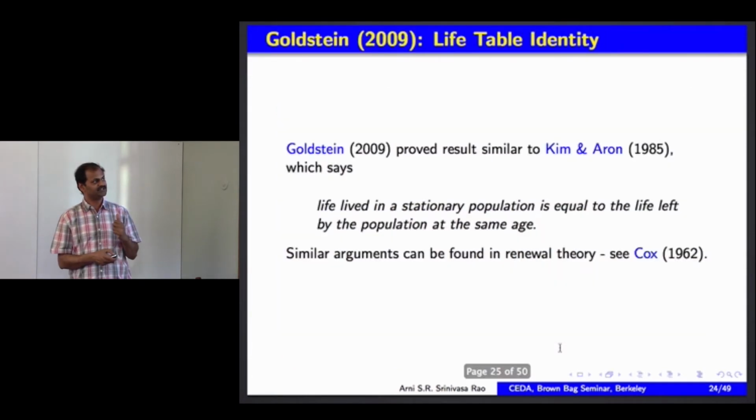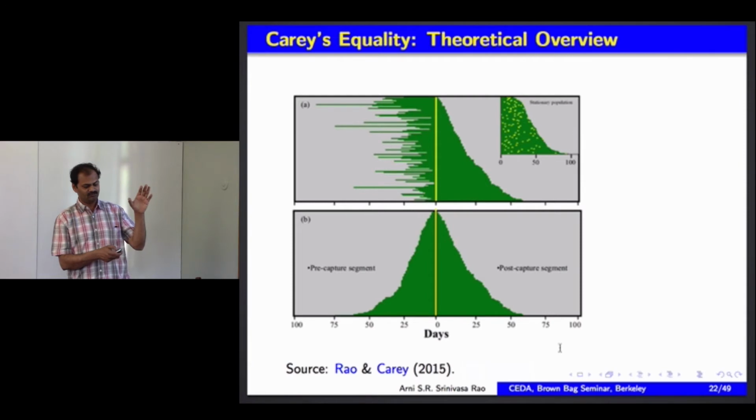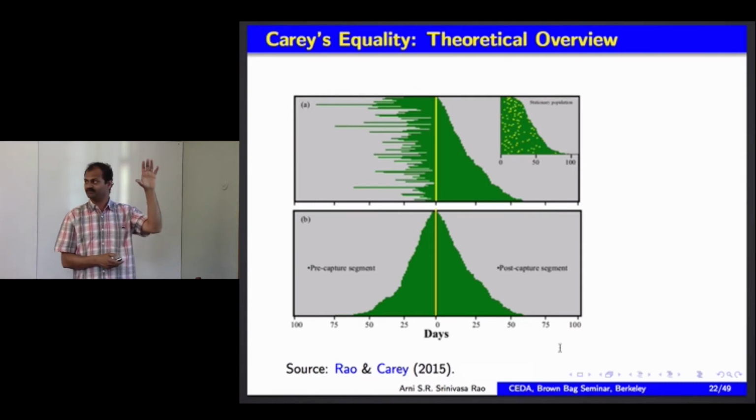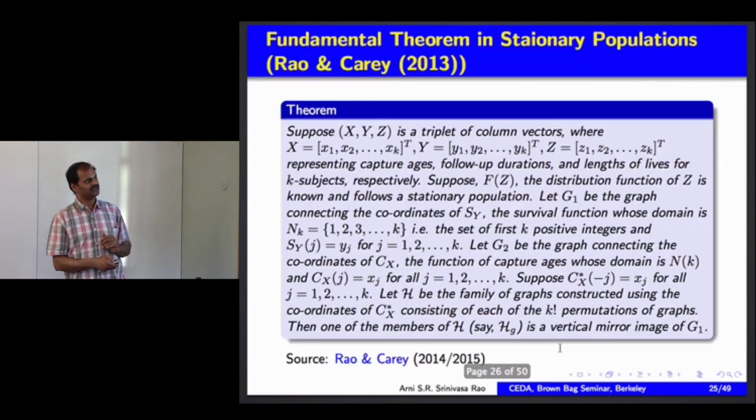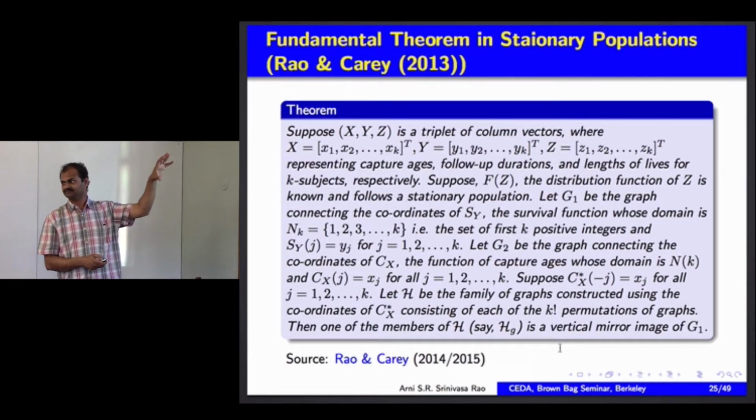So the summary of the statement is: under what conditions would this particular graph be one of the family of graphs created from this? That is the summary of the idea. One of the family becomes that. That is what this particular statement says.